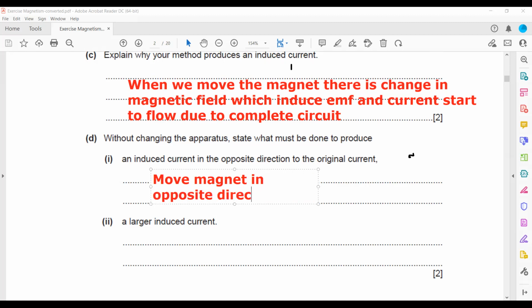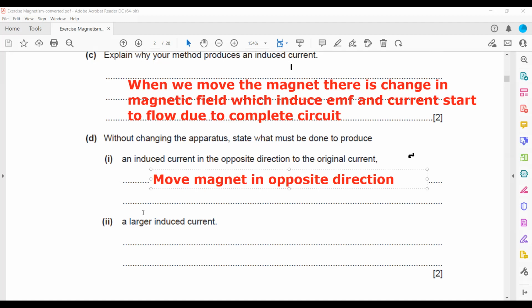So as a result, when we move the magnet in opposite direction, the induced current will be produced but in opposite direction as the original one. We want to produce a large current. If you want to induce large current without changing the apparatus, the magnitude of induced current depends on strength of the magnetic field, the number of coils, and the speed at which we are carrying out the change.